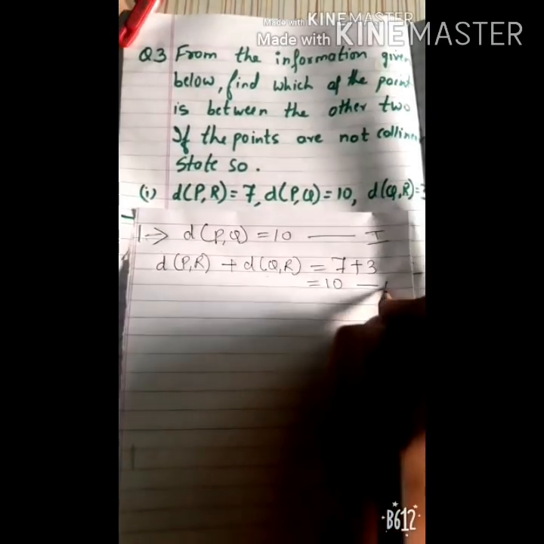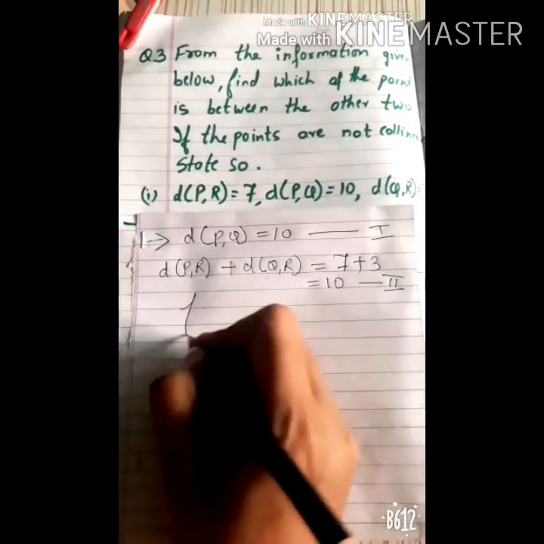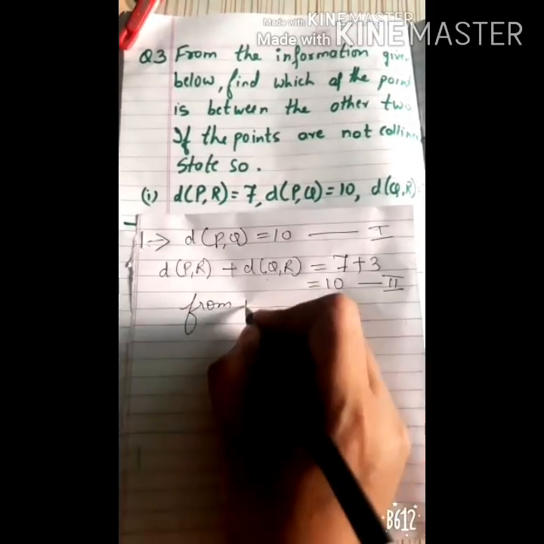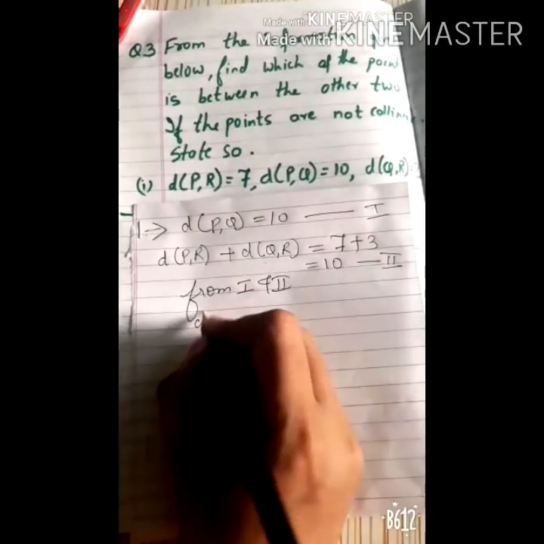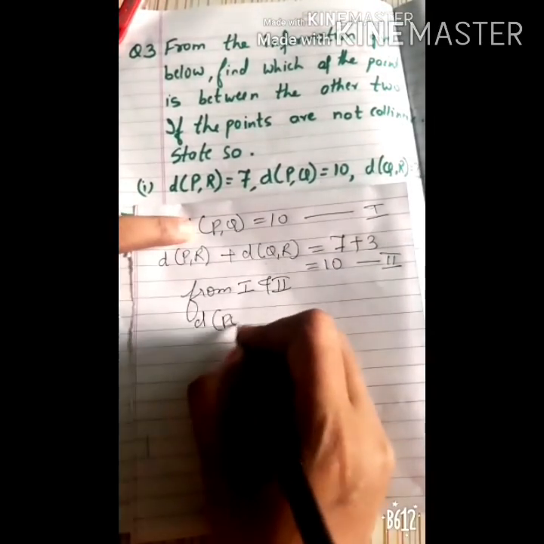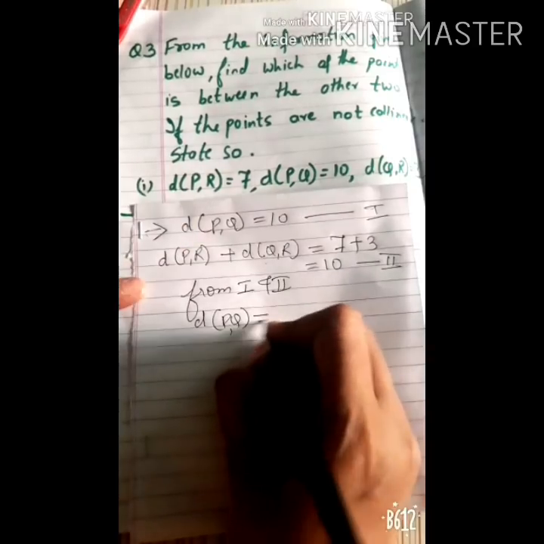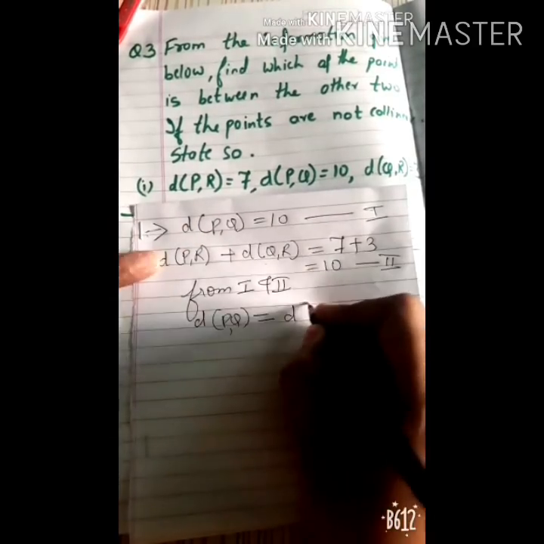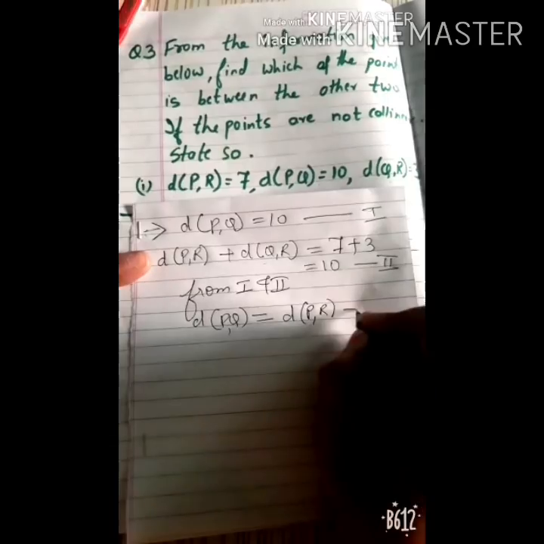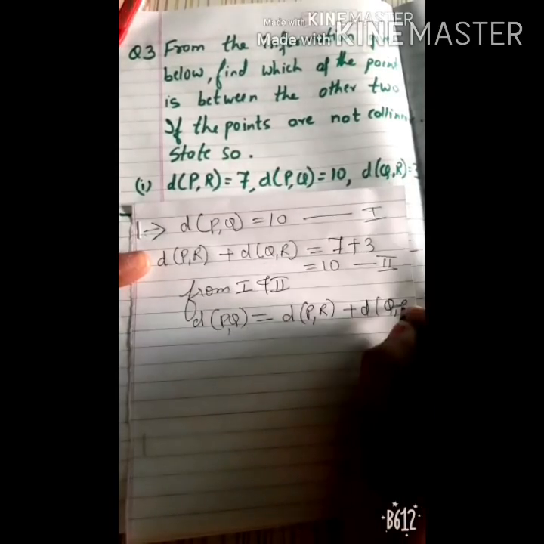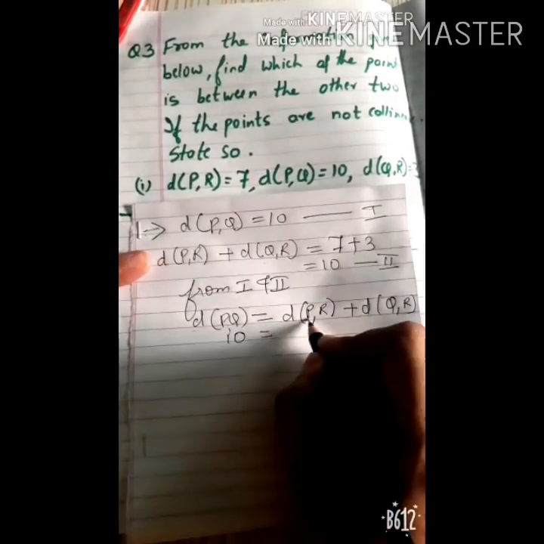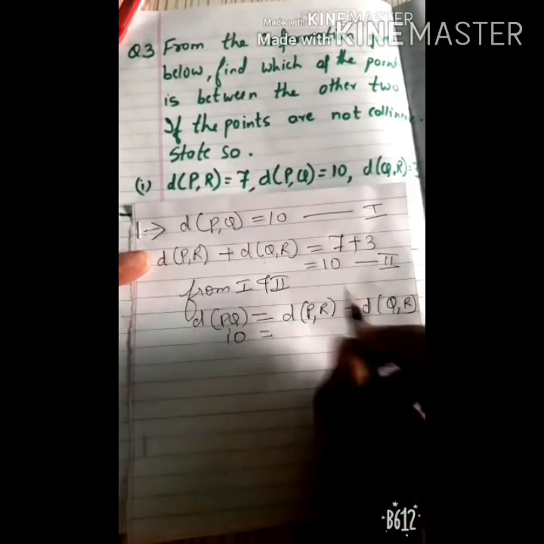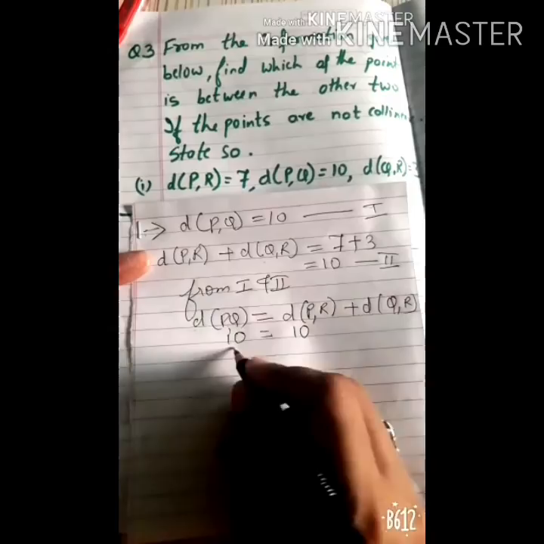We will call this equation number 2. From equations 1 and 2, we can say the distance PQ is equal to the distance PR plus the distance QR. PQ is 10, and PR plus QR is also 10. Both are equal.